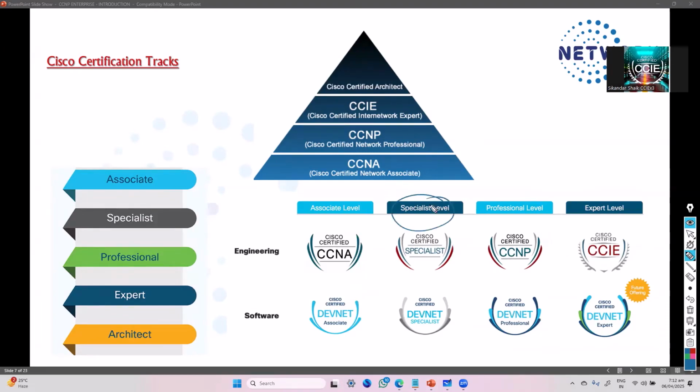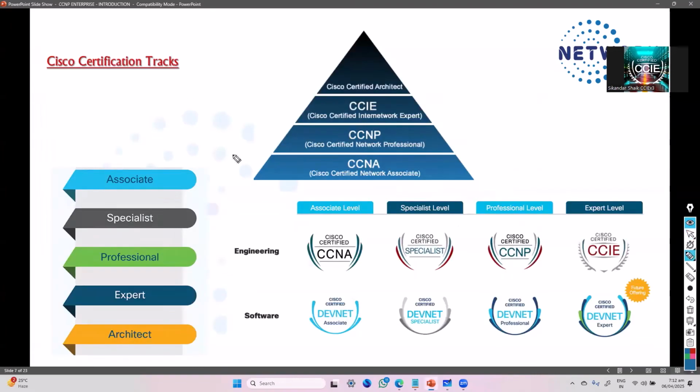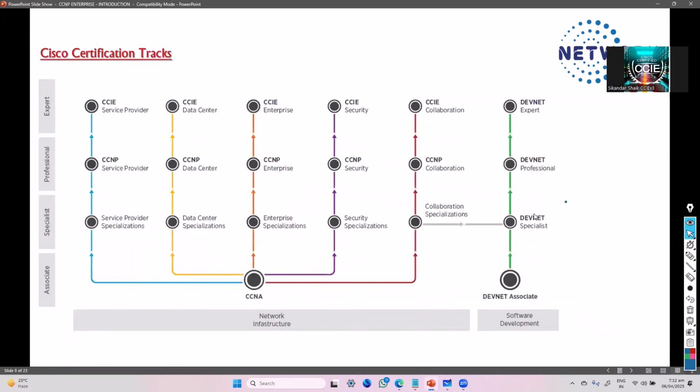Now, the specialist level is basically if you get certified in any one module from the CCNP, you will get the specialist level certification. Generally, the associate level is more like your CCNA. If you already know about the CCNA course, Cisco Certified Network Associate, then you can advance yourself to the CCNP professional level, and you can also become an expert in CCIE as well.